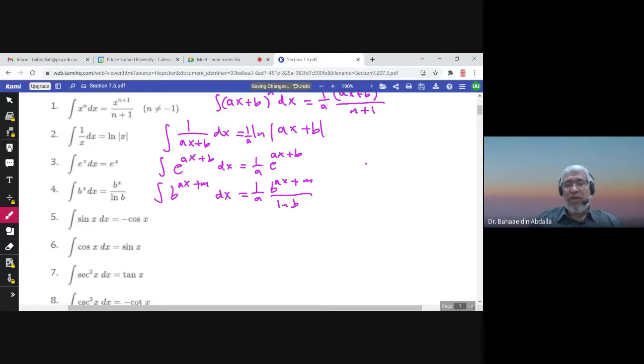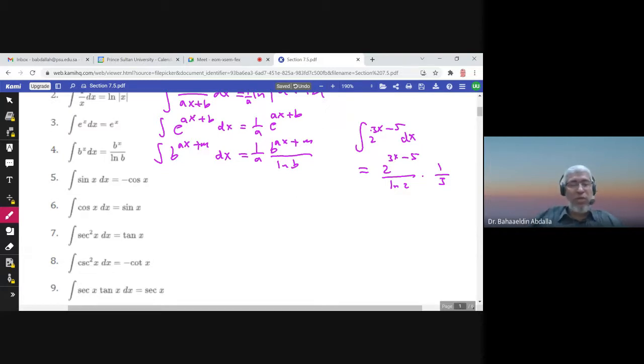So for example, integral 2 to the power 3x minus 5 dx would be 2 to the power 3x minus 5 over ln 2 times 1 over 3, because 3 is the derivative of 3x. So you can do this for all the rules by replacing. You can replace x by ax plus b, and then you will get the same formula, but you divide by a at the end.